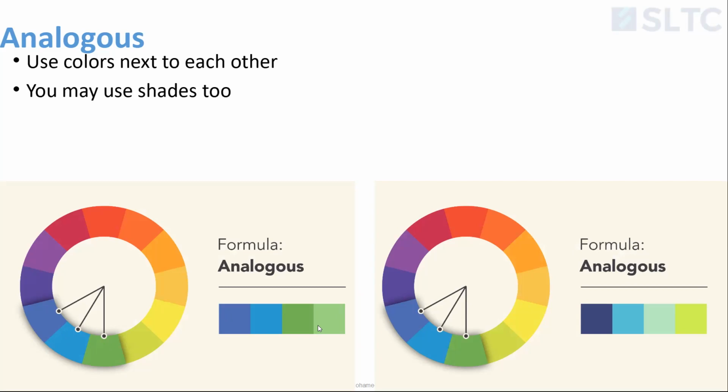Of course, you can play around with the shades also, like in here. We don't use the blue as it is, we adjust it. We made it darker here, lighter here. So that's another way. And they also work beautifully because they are next to each other. Okay, so that is another way to pick up nicely matching colors.